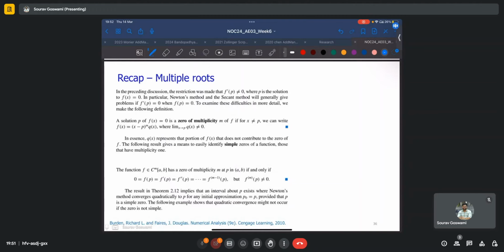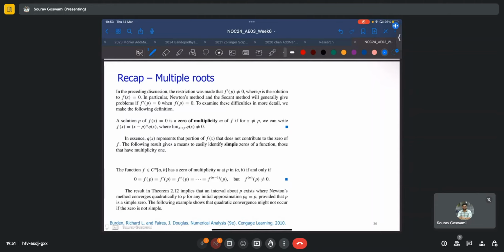Now, the cases we discussed thus far were for a single unique root within the given interval, and that was assumed for the sake of simplicity and easier understanding. However, that does not really mean that the methods themselves are limited to cases where only one unique root may be present in the prescribed interval.